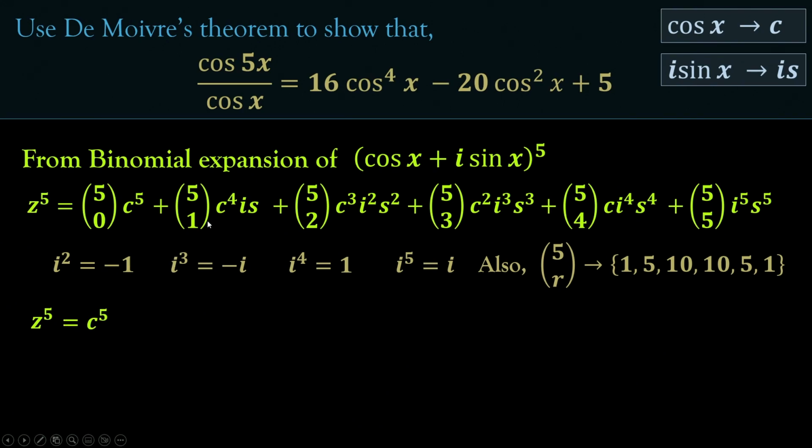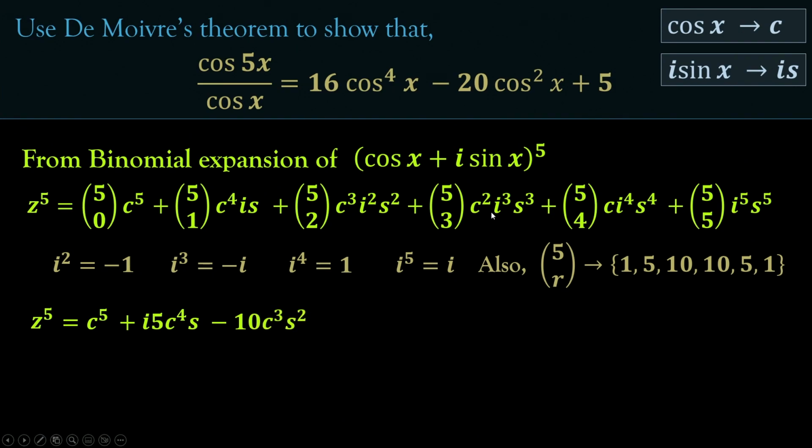The next one is 5, I'm going to put the i in front, so it starts with i, 5 c to the power 4 s. That means cosine to the power 4 x times sine x. The next one is 10, and this one is just negative 1. So we're going to have negative 10 c cubed s squared.